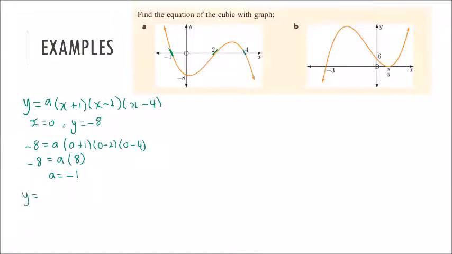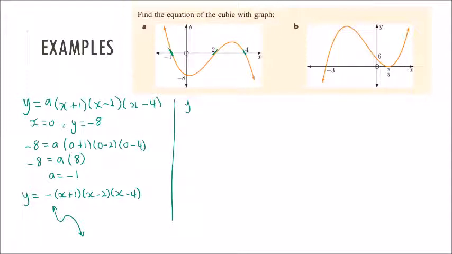So my equation for this is just going to be negative (x plus 1)(x minus 2)(x minus 4), that's our equation. And that matches up. We know that with the negative it should be in this form, and that matches up with what our picture looks like. Now, part B is a little bit more tricky.